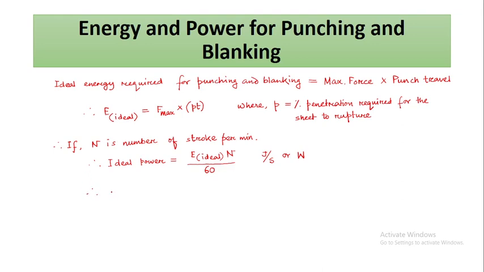But in every machine there is a term called efficiency. So whatever the power is generated, we don't get that amount of power. So what is the actual power we will get? To get the actual power, we need to divide the ideal power with the efficiency of the machine.